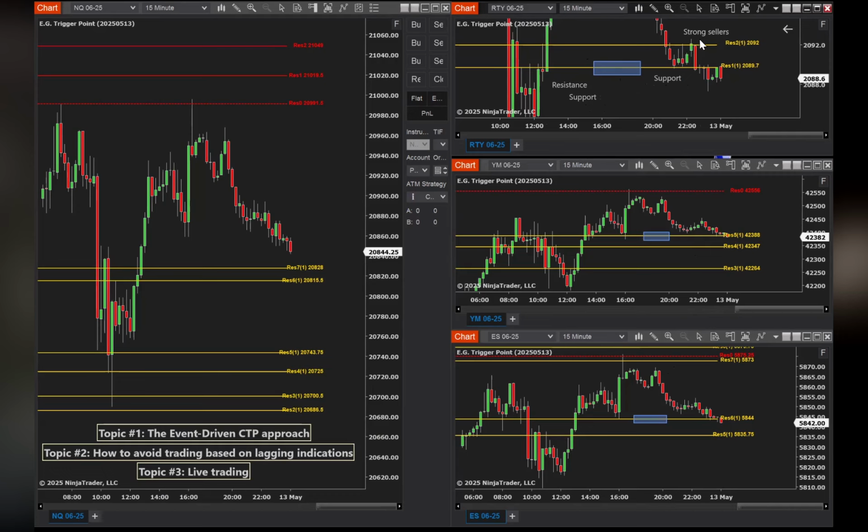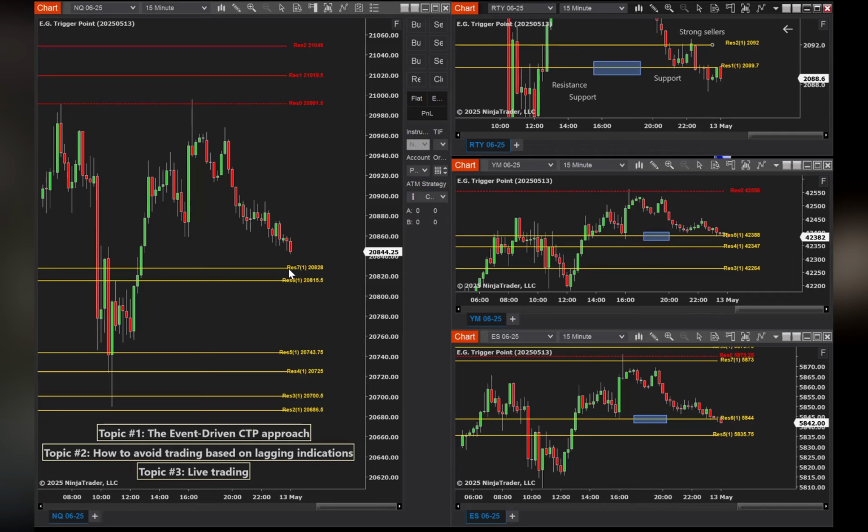Bounced off support. We could see strong sellers. And then the market came back and it broke. Okay, this is what RTY did. At this point, I could identify that this support line behaved the same on YM. But now this is a support line, but RTY broke. Same for ES.